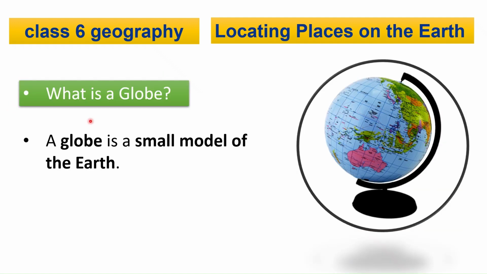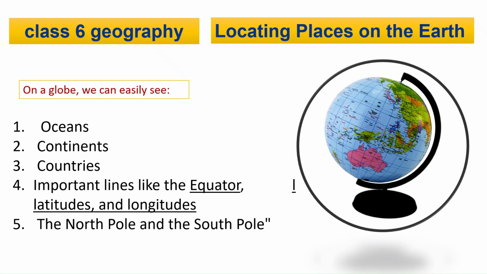What is a globe? A globe is a small model of the earth. It shows the accurate earth shape. It shows continents, oceans, poles, and equator.